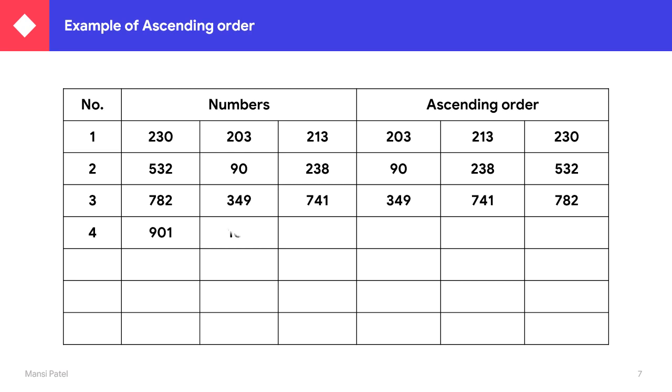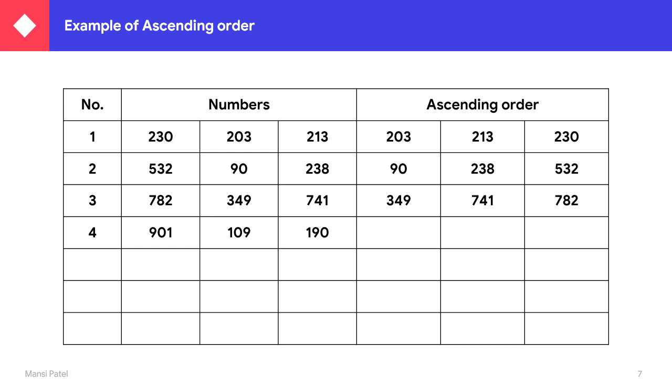Number 4: 901, 109, 190. Here we can't apply our first rule because the number of digits are the same. See our second rule: first you have to see the first digit. In 901 it is 9, in 109 it is 1, and in 190 it is also 1.